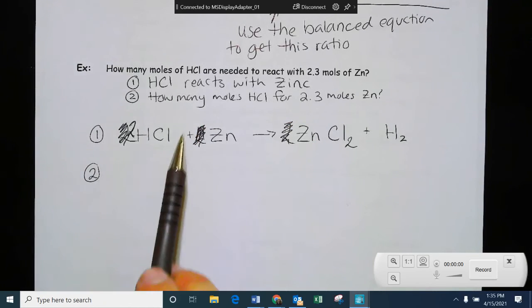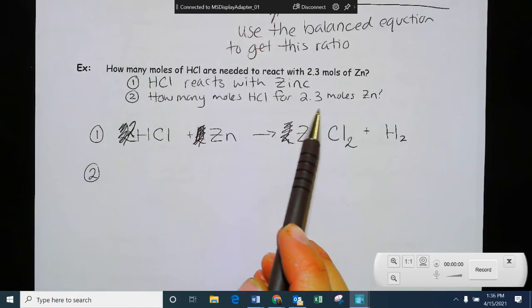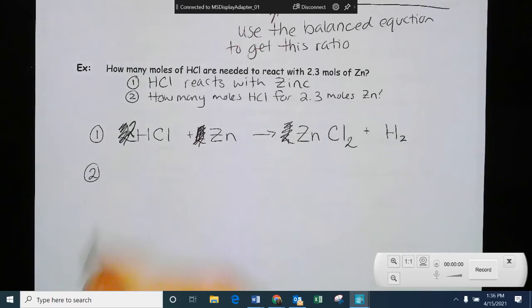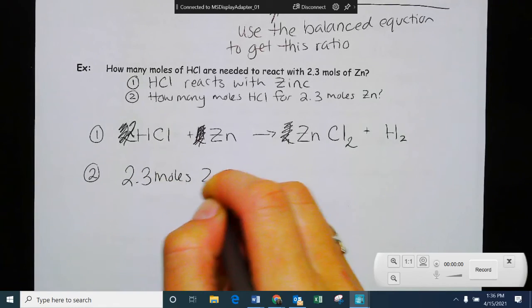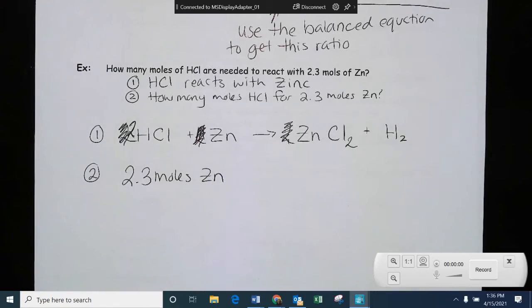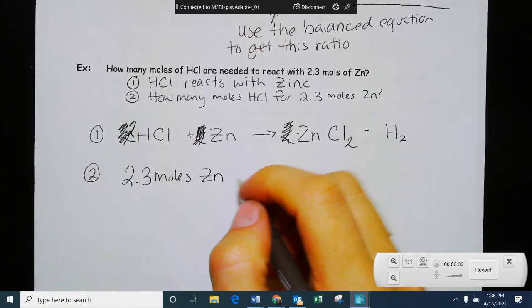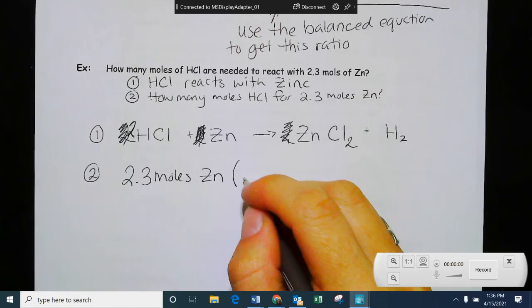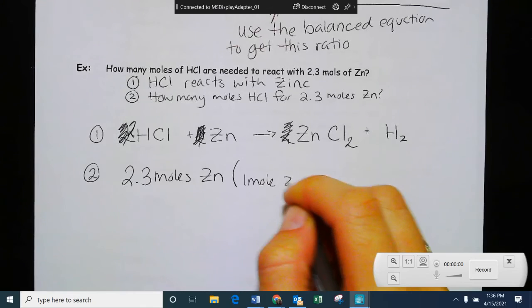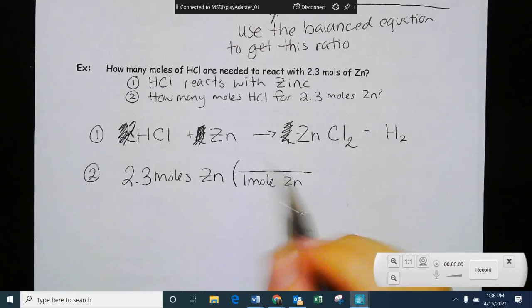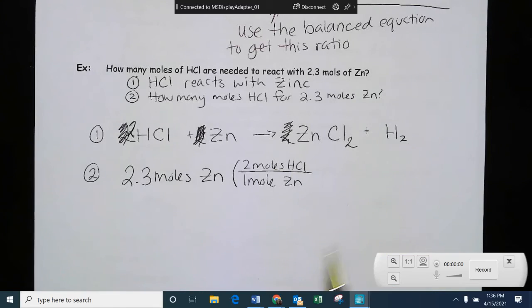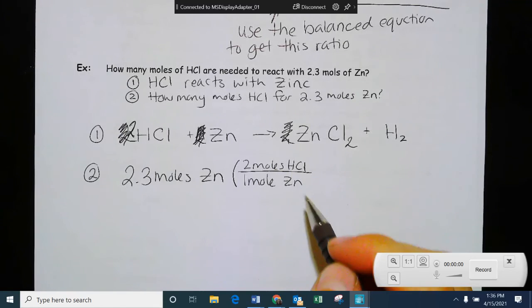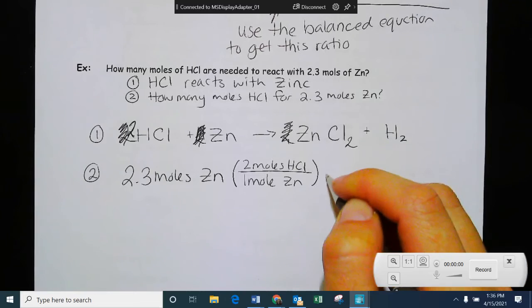Okay, so the second part is how many moles of HCl for 2.3 moles of zinc. So we're going to start with what we know. There are 2.3 moles of zinc. Second thing we know is that for every 1 mole of zinc, there are 2 moles of HCl used. So for every 1 mole of zinc used in our reaction, 2 moles of hydrochloric acid are used.